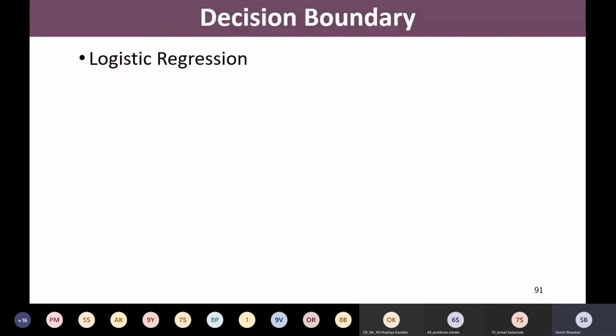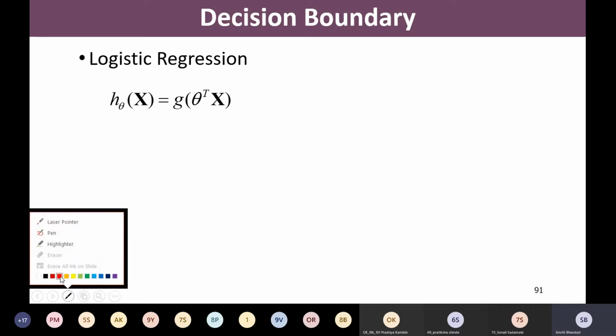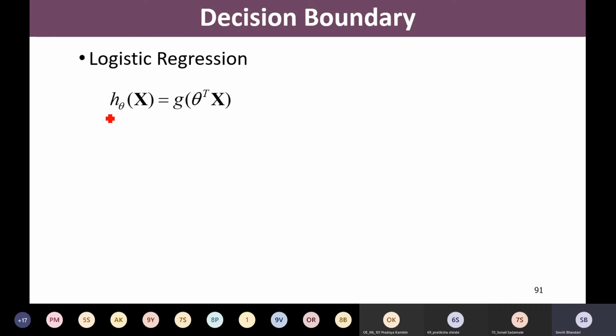So let's see what we mean by decision boundary. As we have stated earlier, logistic regression is represented with the hypothesis h theta x having the form g of theta transpose x. So our hypothesis in logistic regression is different from linear regression.